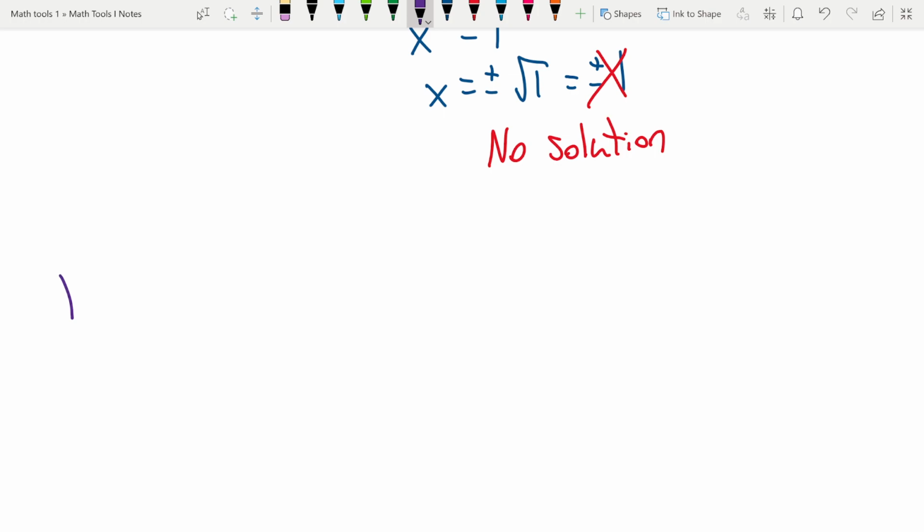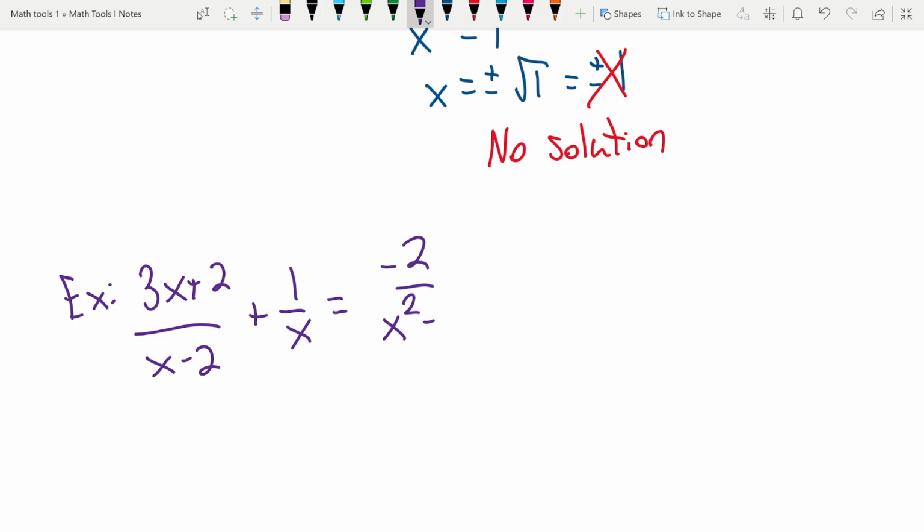Go ahead and do another one. So 3x plus 2 over x minus 2 plus 1 over x equals -2 over x squared minus 2x. Okay. So let's do it the other way I was mentioning, which is that you can just right away multiply both sides by the common denominator.